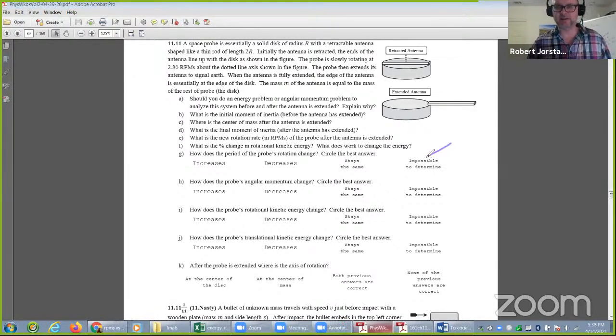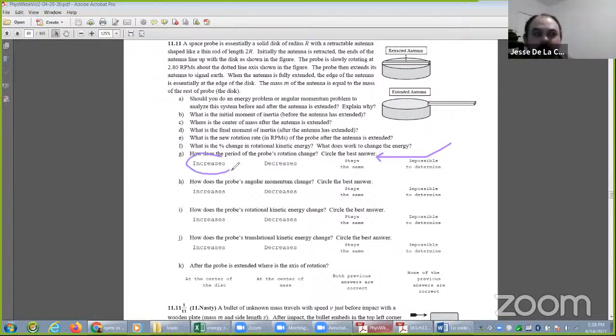How does the period change? Let me ask you, is this thing going to speed up or slow down? Should slow down. So what happens to the period of rotation? Increases, takes more time to go around.